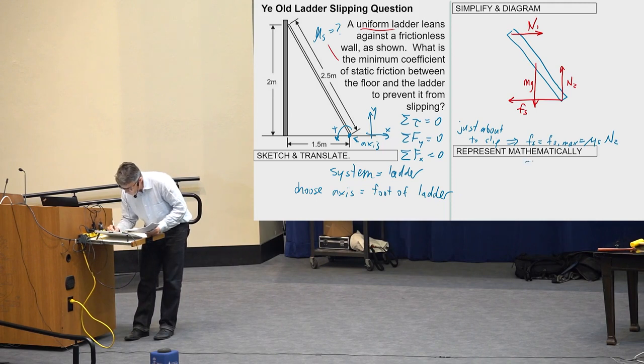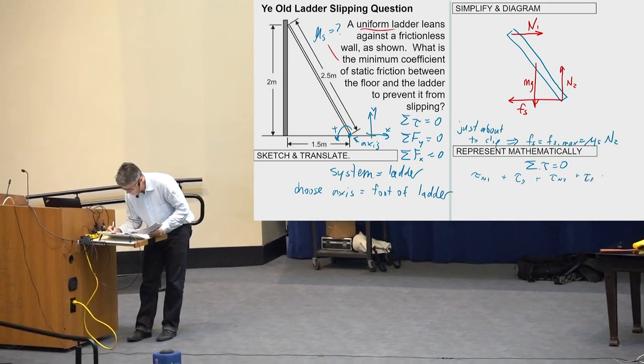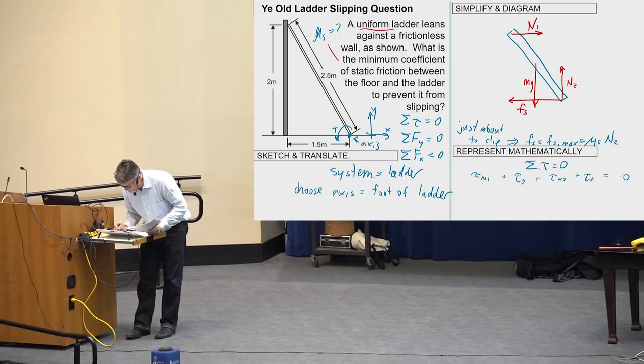So the sum of all the torques equals 0. So the way that's going to look is I'm going to have the torque of N1 plus the torque of gravity plus the torque of N2 plus the torque of friction equals 0. So I have to figure all these thingies out.